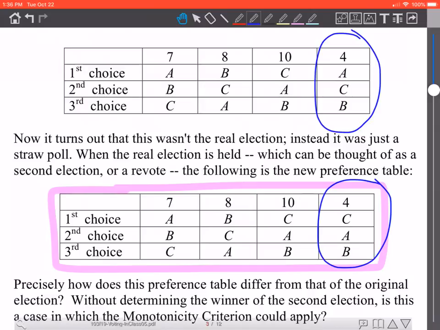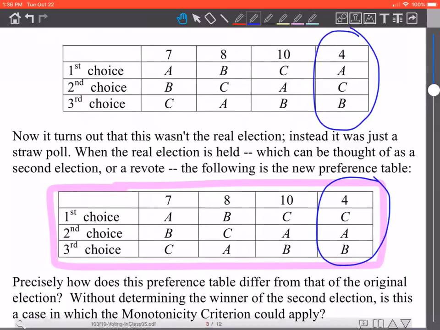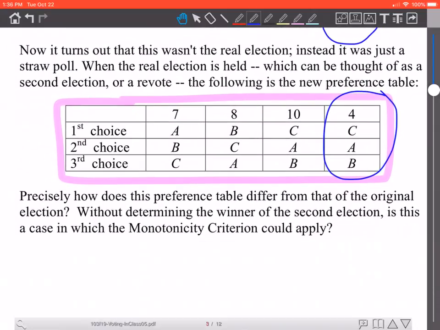Let's see if C wins under instant runoff. Now remember, in instant runoff, somebody needs to have a majority. We said that's 15 or more votes. C has 14. B still has 8, and A now has 7. So who's going to get eliminated? Candidate A. And what do you notice is going to happen after the first round of instant runoff where candidate A gets eliminated?